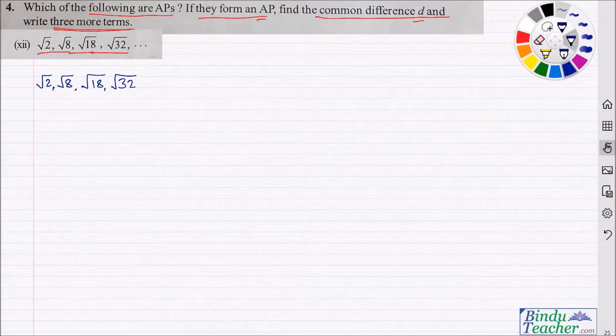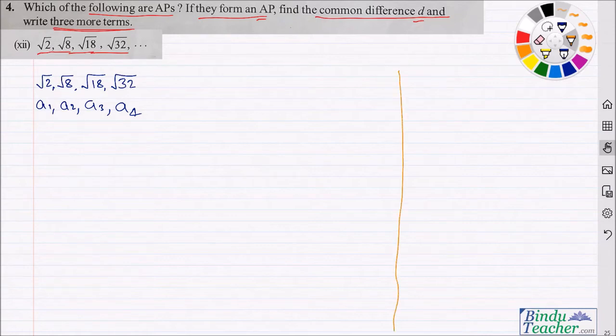Let's assume that these are of the form a1, a2, a3 and a4. We now have to find if these numbers form an arithmetic progression.